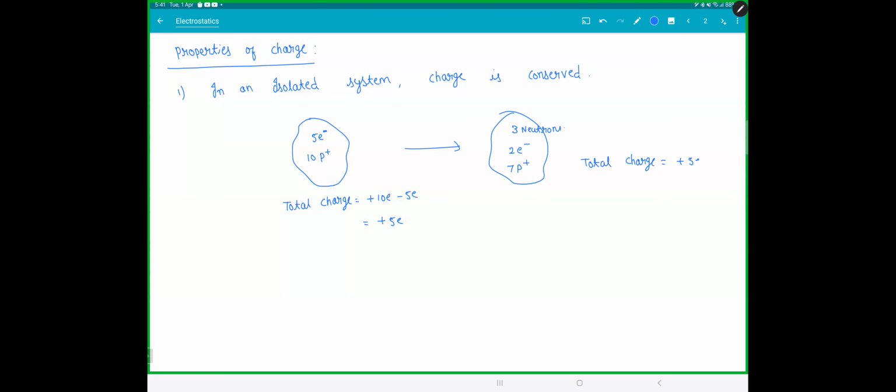The total charge is plus 5e. So the number of charged particles need not be constant. Clear?